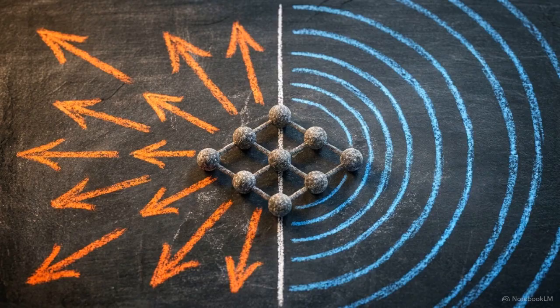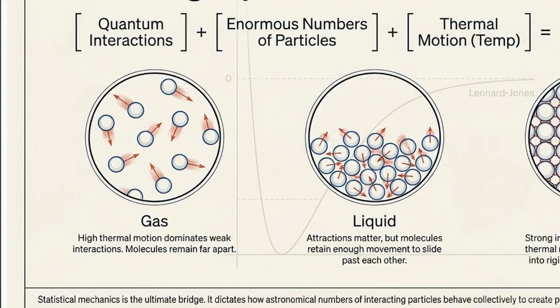The bulk properties of any material emerge from a continuous battle between that thermal motion and the attractions defined by our effective potential curves. This diagram outlines the outcomes. If thermal motion overpowers weak attractions, molecules tear apart, seen in the gas container on the left.